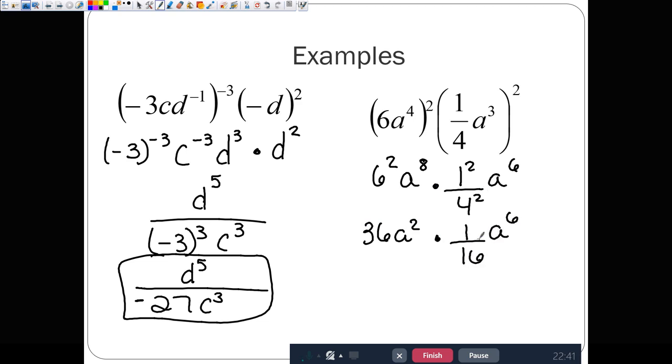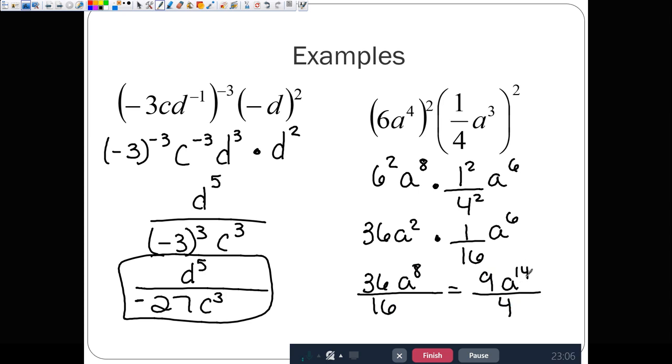Okay, then we're going to multiply our coefficients. So 36 times 1/16 is going to become 36 over 16. And I add my exponents, so A to the 8th. I can reduce 36 over 16 to 9/4 and A to the 14th.